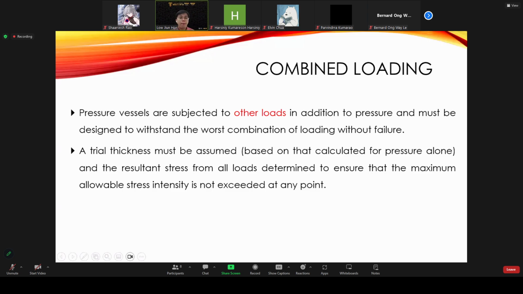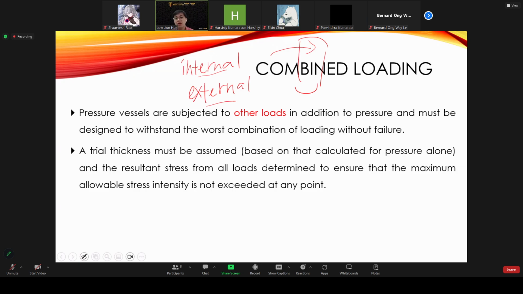So far, in our previous lecture and also just now, we only considered the internal pressure and external pressure for our pressure vessel. But common sense tells us that to ensure the pressure vessel can be safely operated, not only the internal and external strength, there are also a lot of other stresses we need to consider.